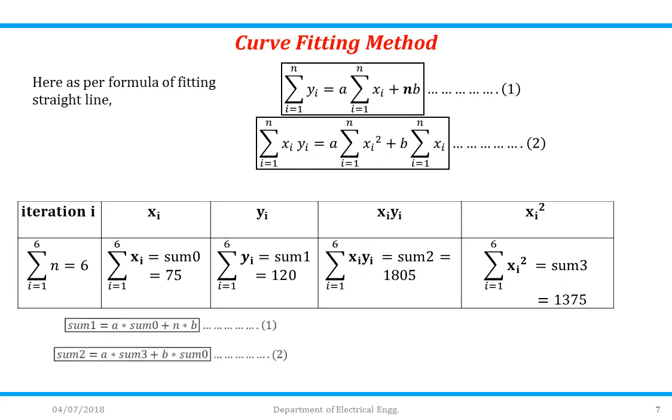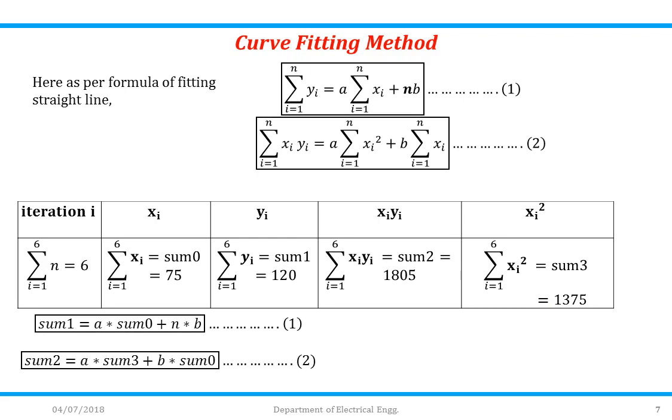So from equation number 1 and 2, we can write summation yi, which is sum 1, equal to a, the constant, into summation xi, denoted by sum 0, plus n as it is into b as it is.